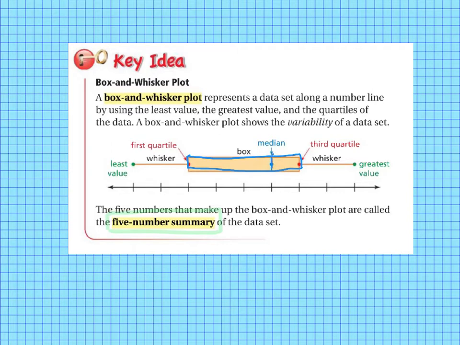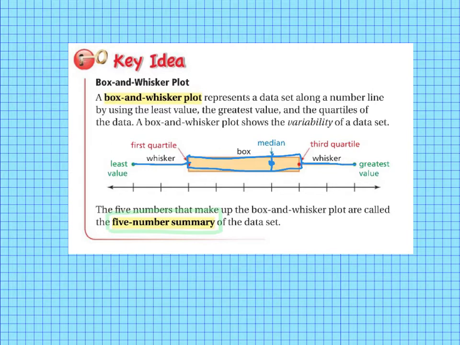And you draw a line through your median just to help people notice it a little bit better. And then you draw a whisker from the box to the greatest value and a whisker from the box to the least value. And that is your box and whisker plot.